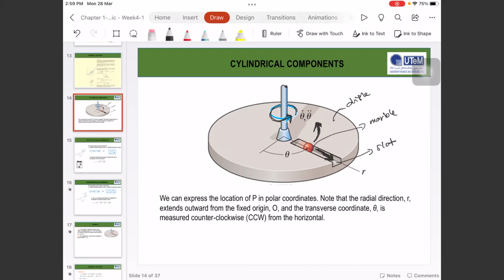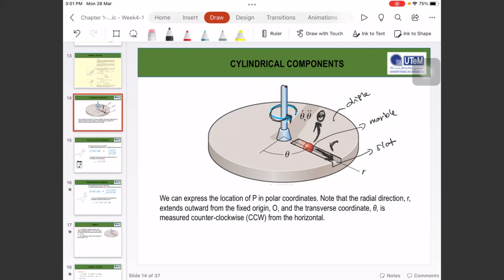So it has two movements. One movement is according to theta, rotation, and one movement is radial. At the same time it rotates in the theta direction, it is moving outside the slot, in the R direction.